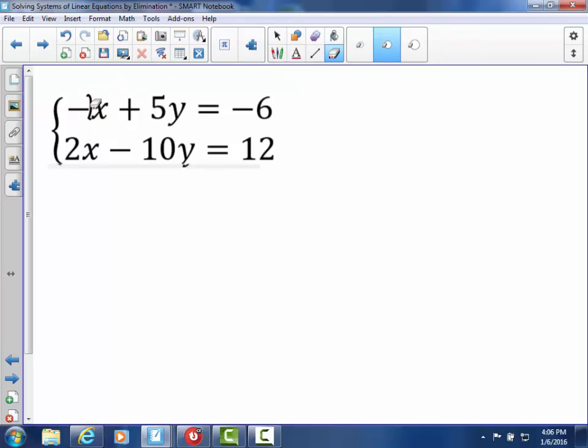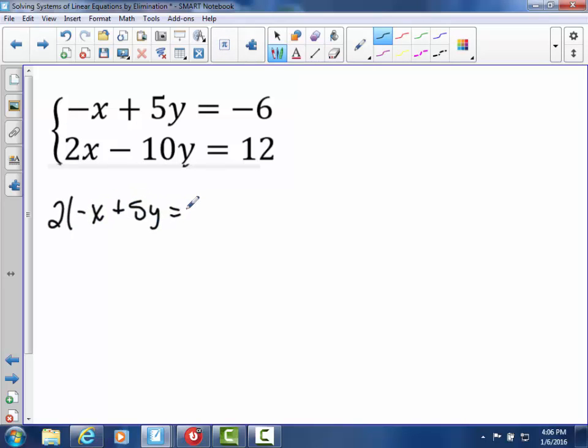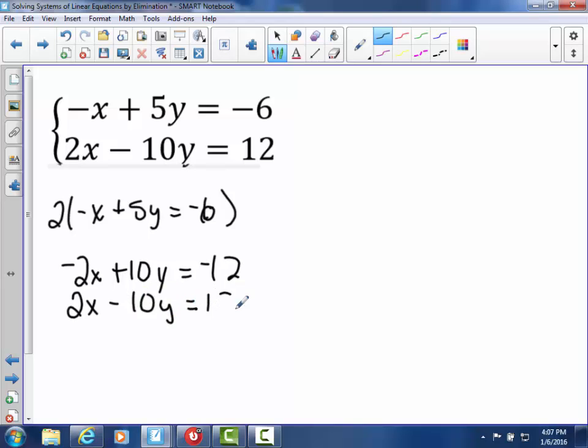So what I'm going to do is multiply that first equation by 2. And I get -2x plus 10y equals -12. So then I bring my other equation down underneath, 2x minus 10y equals 12.